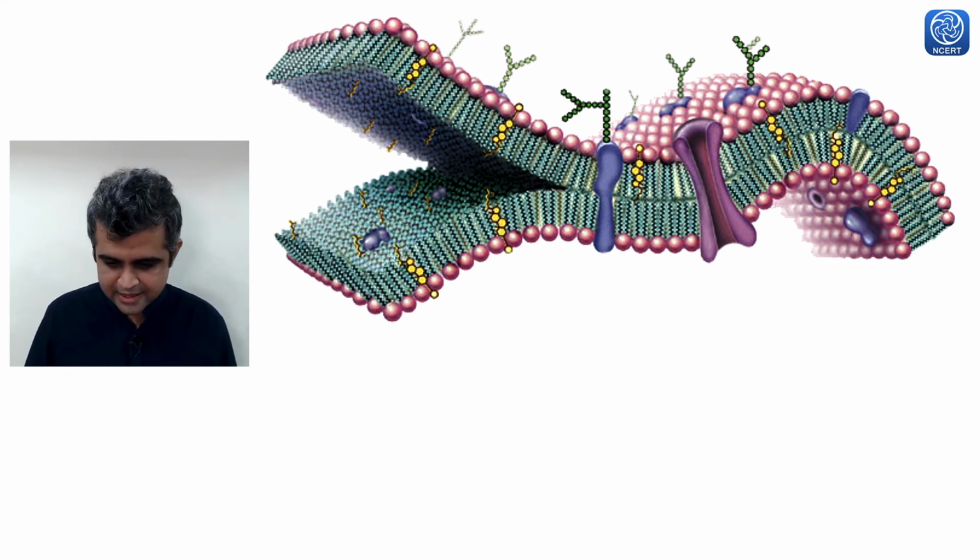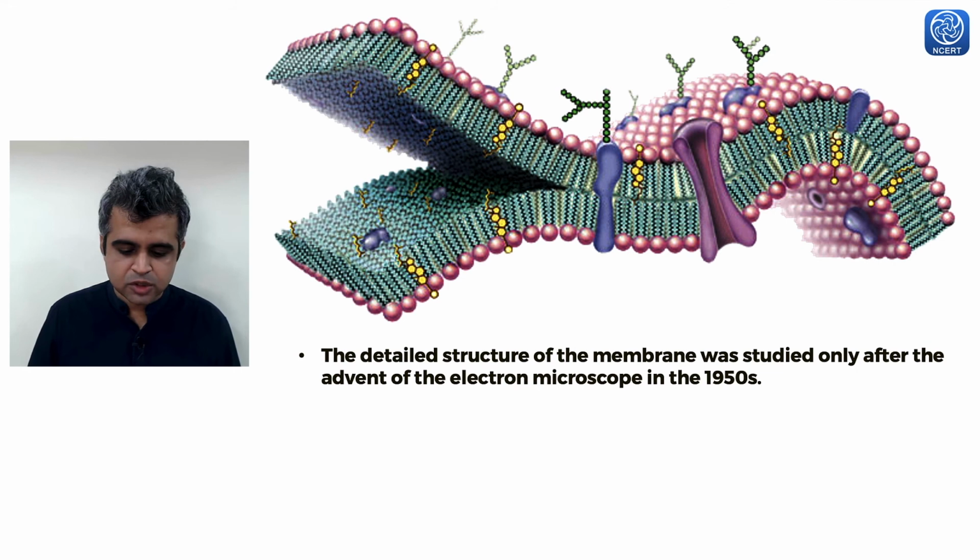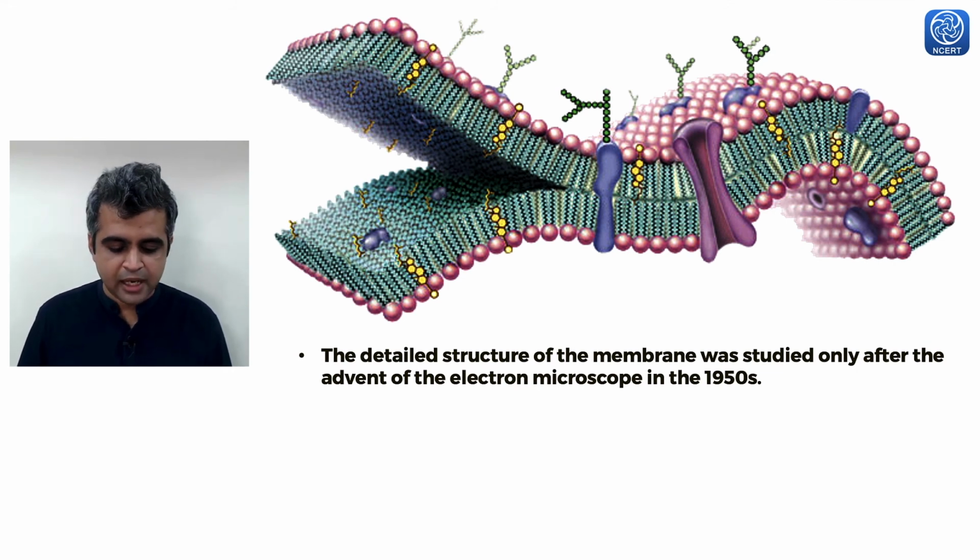So what does the NCERT say about it? The detailed structure of the membrane was studied only after the advent of the electron microscope in the 1950s. So from previous lectures you know that the electron microscope was required to see the details within the cell. So 1950s तक ऐसा दिखता है वो तो मालूम ही नहीं था. But 1950s तक we knew कि what was the composition, किन चीज़ों से membrane बना है.